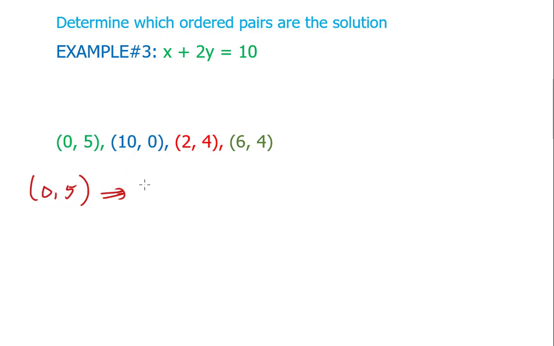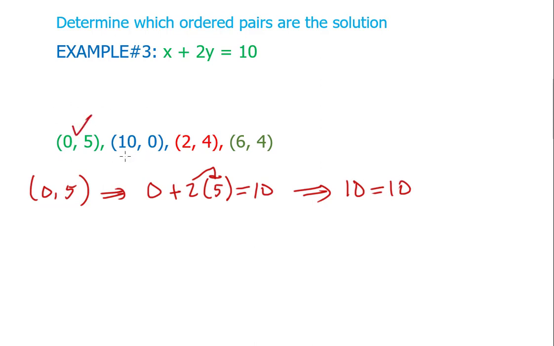So x will be 0, plus 2 times 5 equals 10. So what's 2 times 5? 2 times 5 is 10. 10 plus 0 will be 10, equal to 10. So this is true.